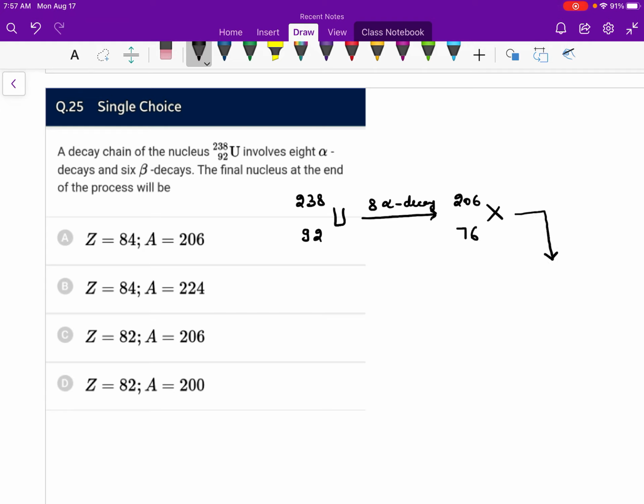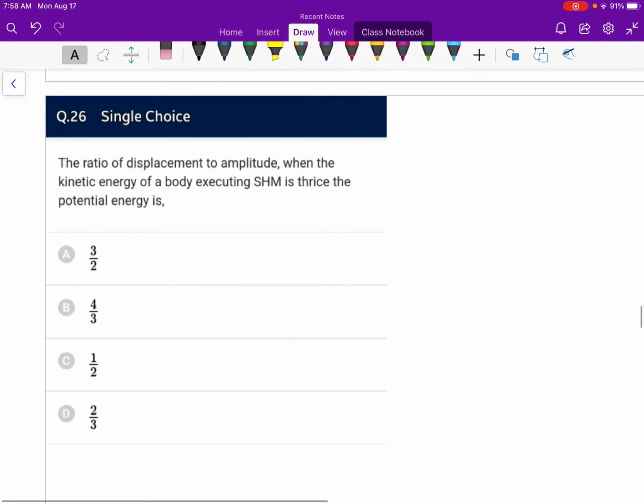And after 6 beta minus decays, mass number remains the same, so this is 206, and atomic number increases by 6, so this is 76 plus 6, that is 82. So mass number should be 206 and atomic number should be 82, so C is the correct option.